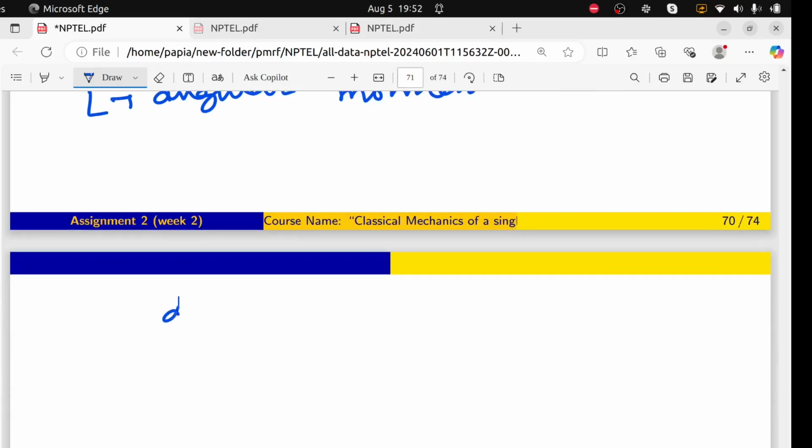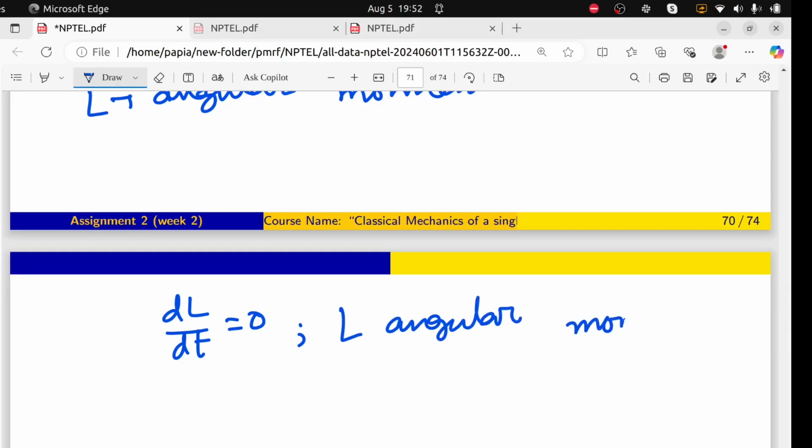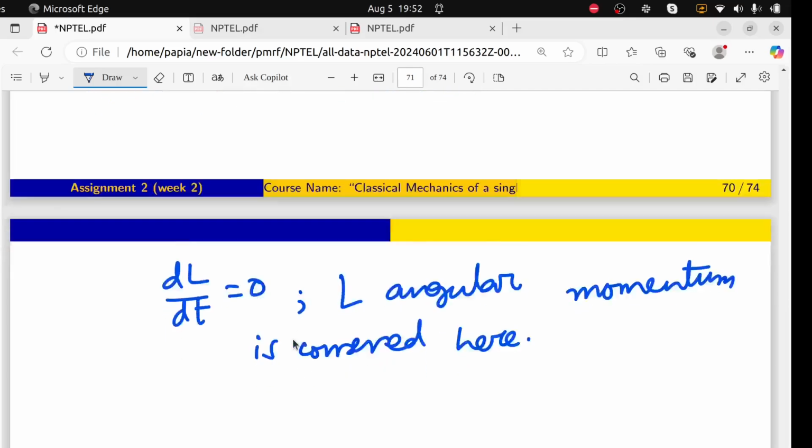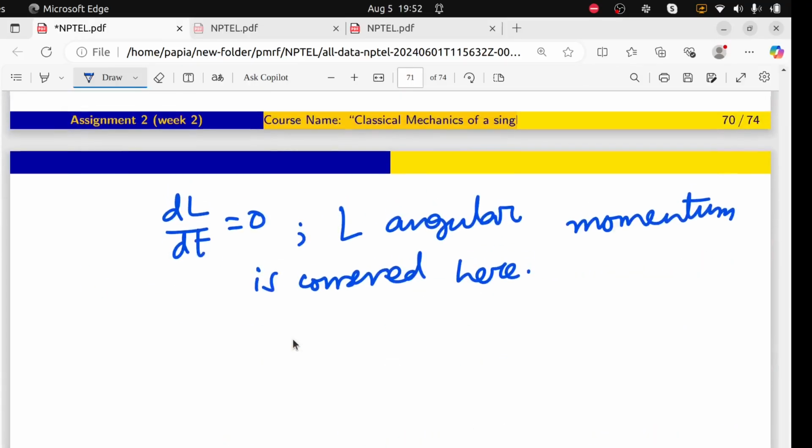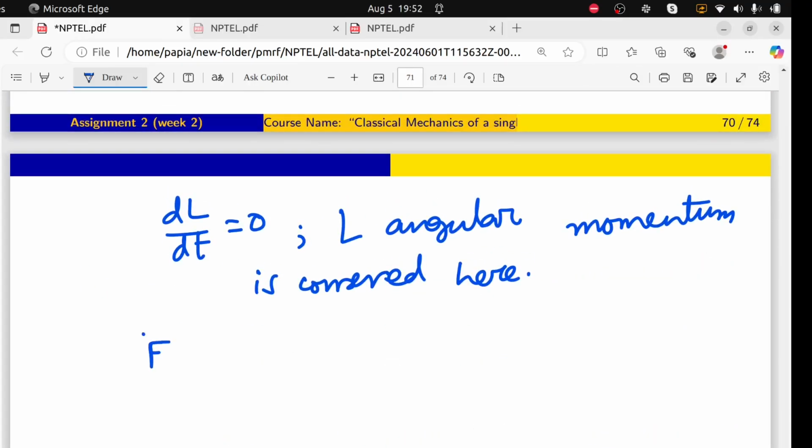So which one is not varying with time? That means angular momentum is conserved here. Okay. So one example of this type of thing where F is parallel to tau is central force.